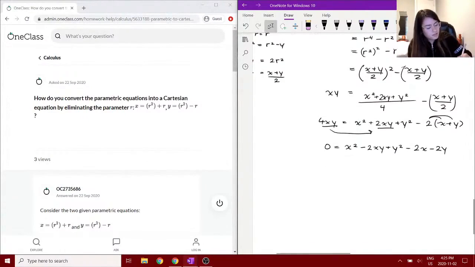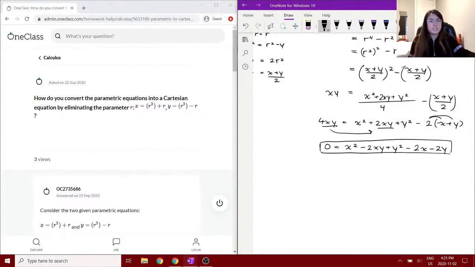And that's your final equation. Of course, you can rearrange that if you have a preferred arrangement for the x's and the y's, but that is what we've got.